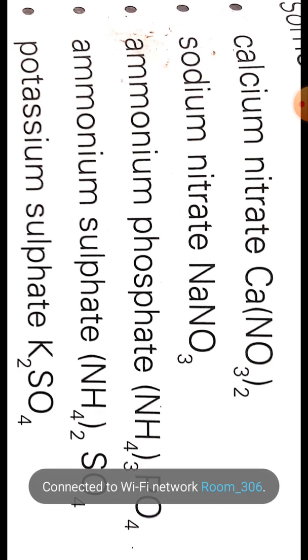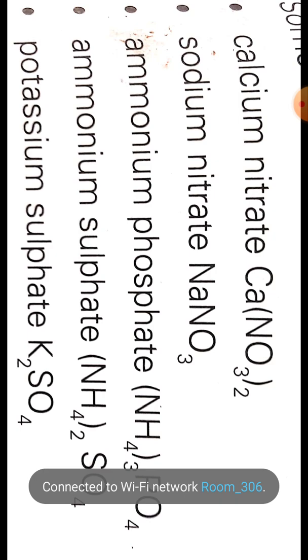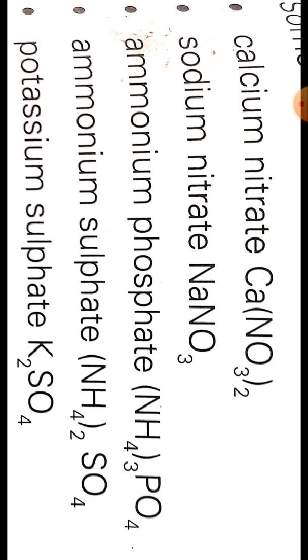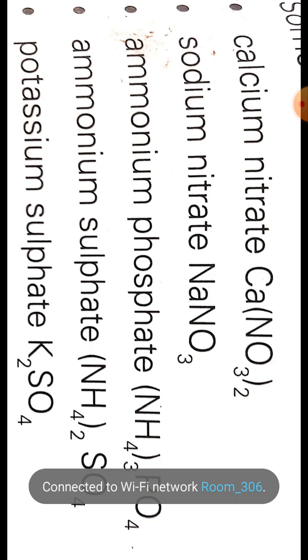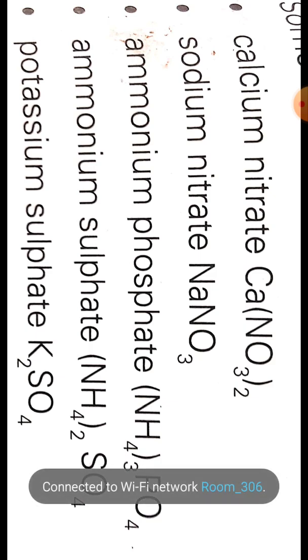For example, calcium nitrate means we had nitric acid, and from nitric acid we can gain sodium nitrate and calcium nitrate. With phosphoric acid, we gain ammonium phosphate, and with sulfuric acid, we get ammonium sulfate and potassium sulfate.